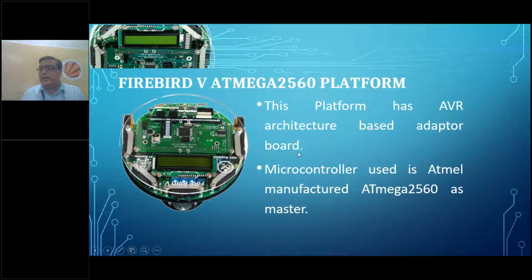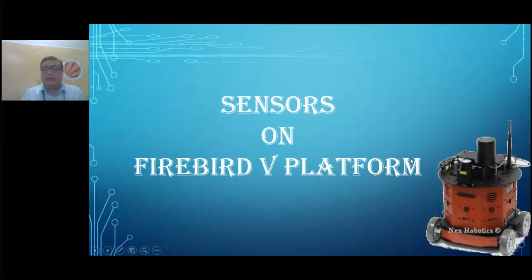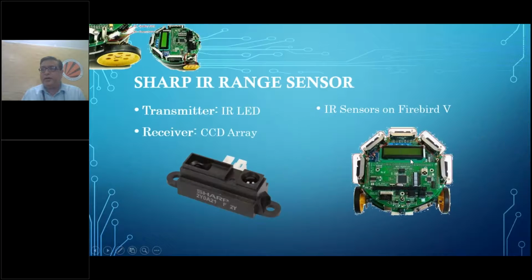And second, we can use an Atmel-based microcontroller, the ATmega2560, which works as a master controller for all the activities, all the programming. Now here we can see the sensors available on the Firebird V platform.